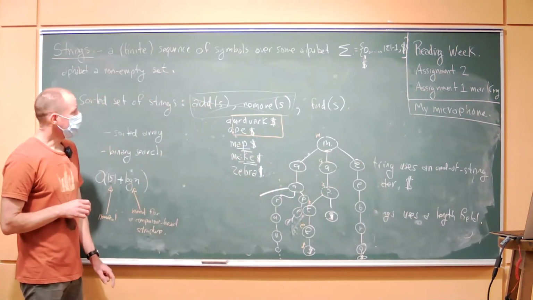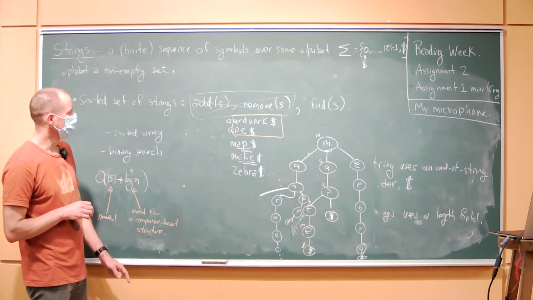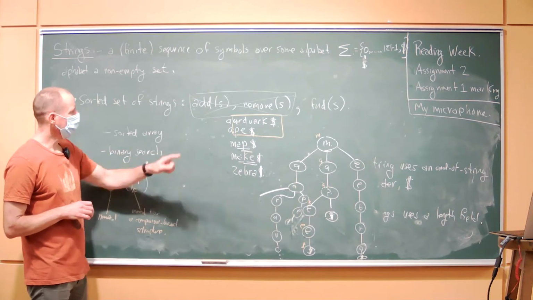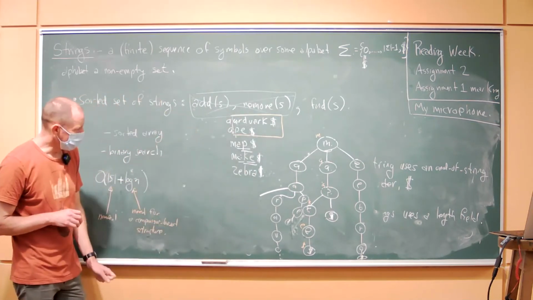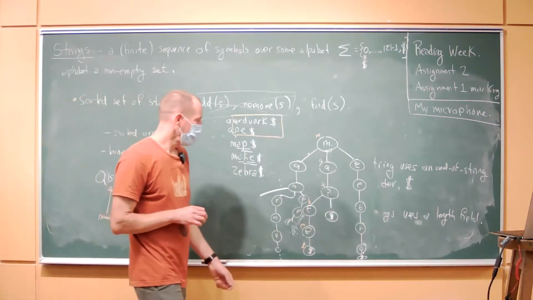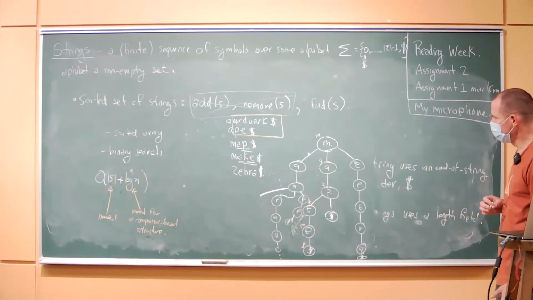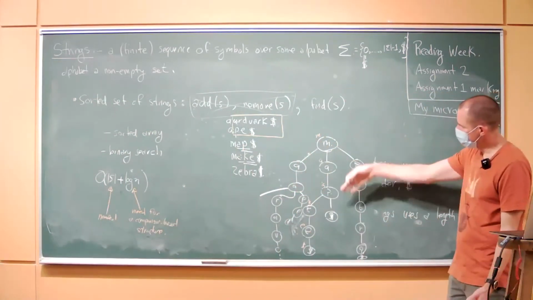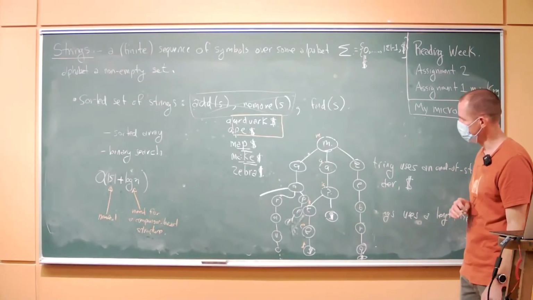All right. And well, if you want to also support adding and removing, well, now you see that this is kind of like a problem. I mean, this isn't a binary search tree. It's called a ternary tree, but not a ternary search tree.